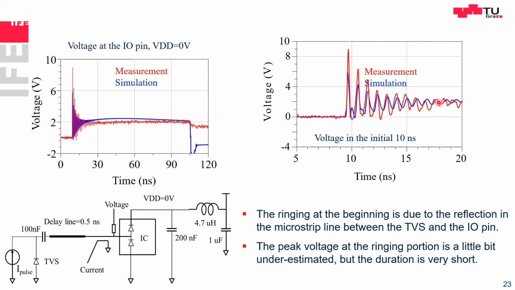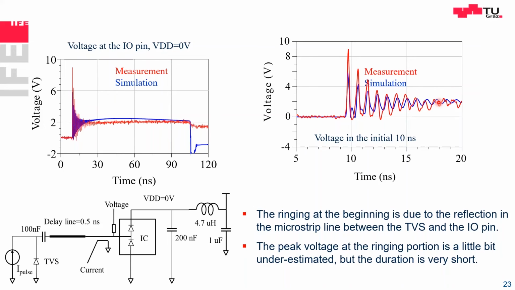Why is it ringing? Well, think about the following. We have a trace, 0.5 nanosecond long, and on one end is the IC, the dual diode protection, and it turns on. So it's really low impedance. On the other side, we have the TVS, it turns on, really low impedance. So we have the trace left and right pretty much shorted, so it rings. It's a transmission line, left, right, shorted.